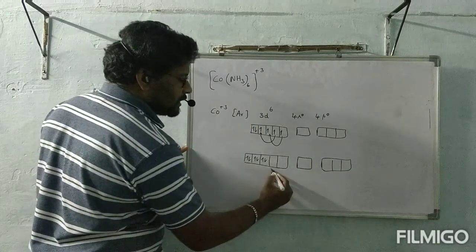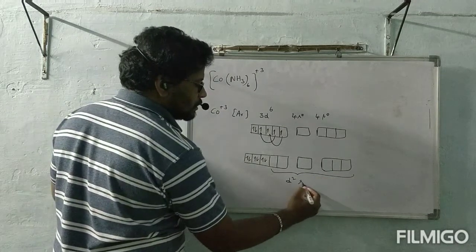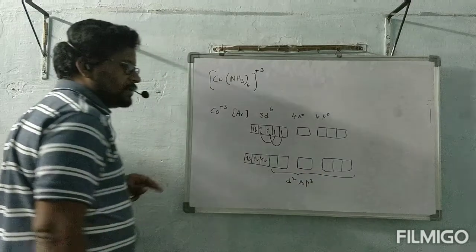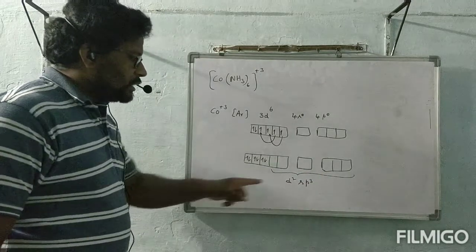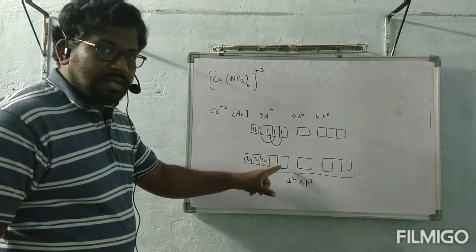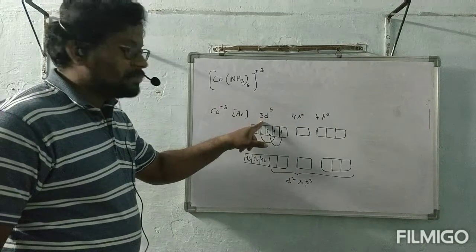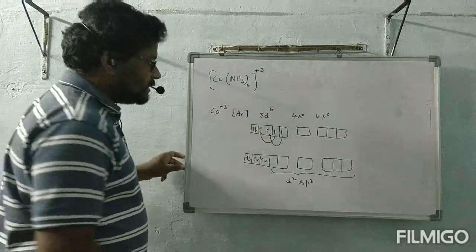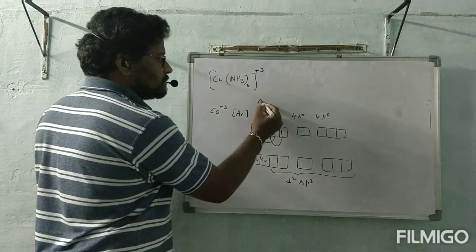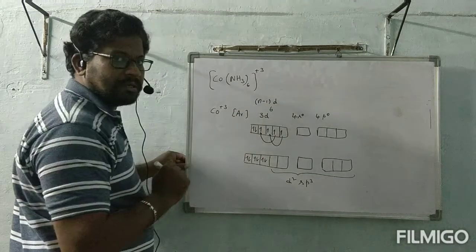Now which hybridization will it undergo? d2sp3 hybridization. The two d orbitals are from 3d, that is (n-1)d, the inner d orbitals.